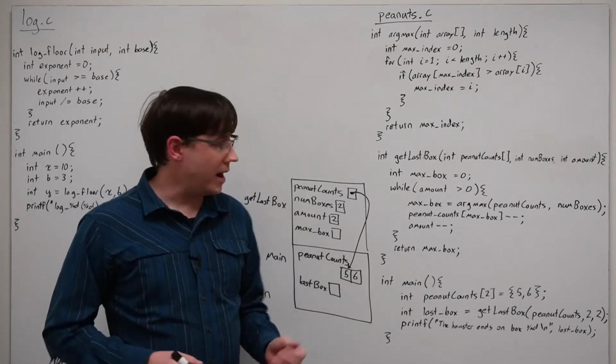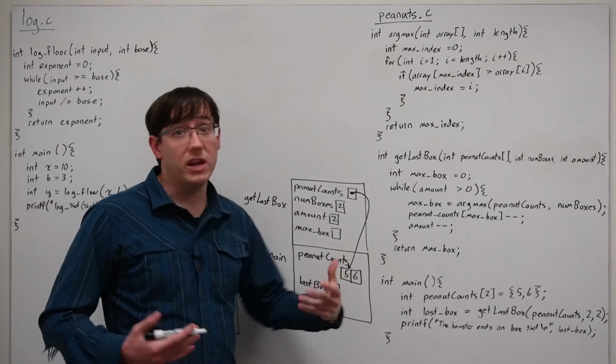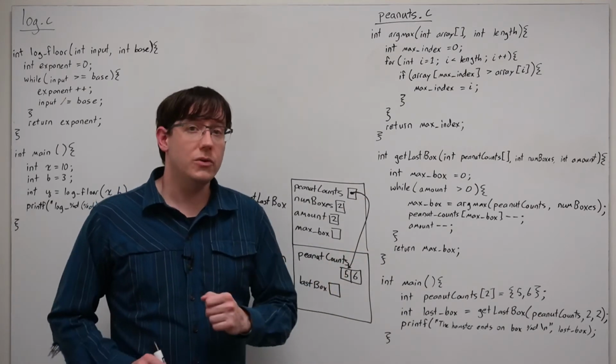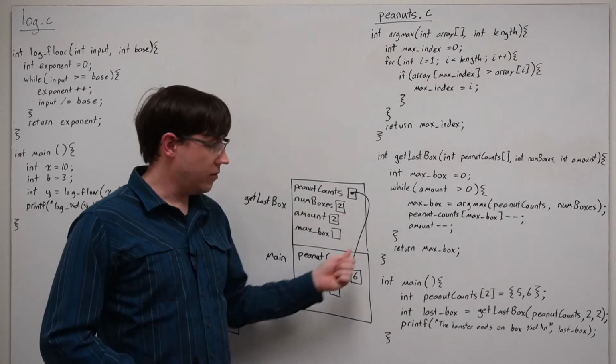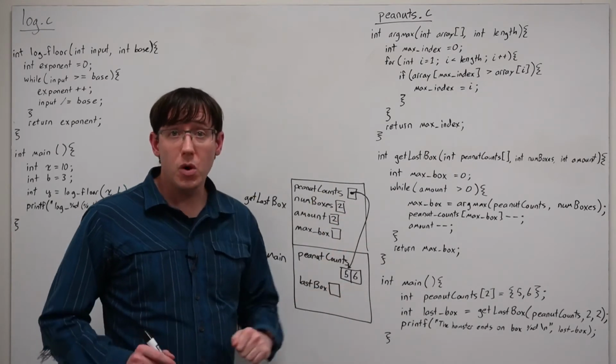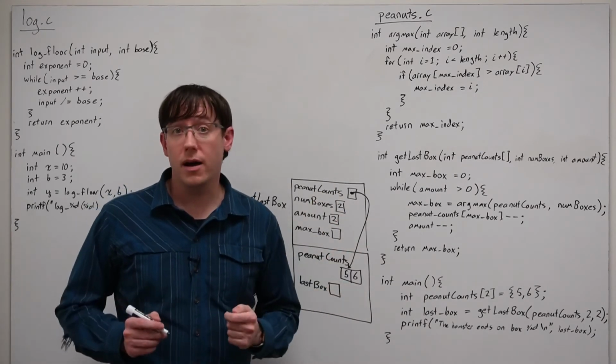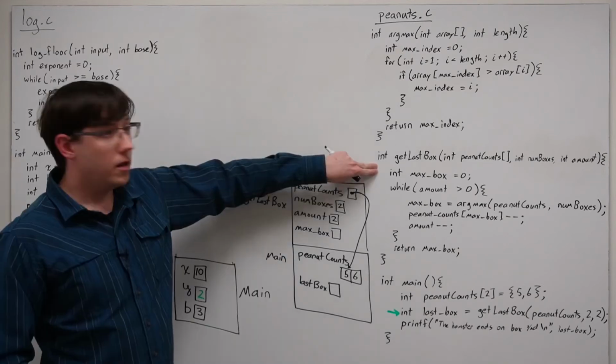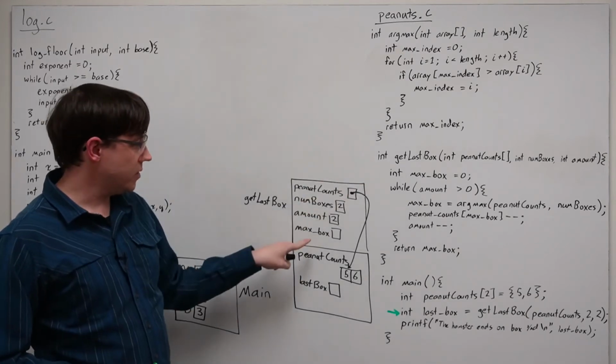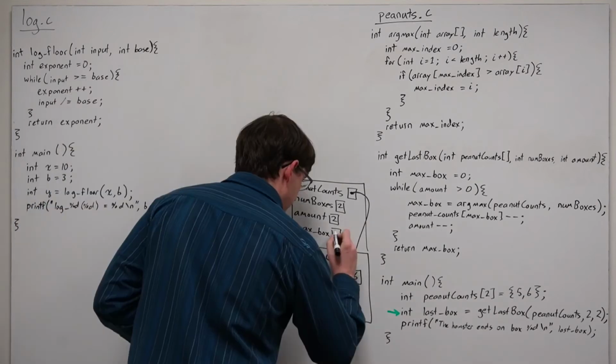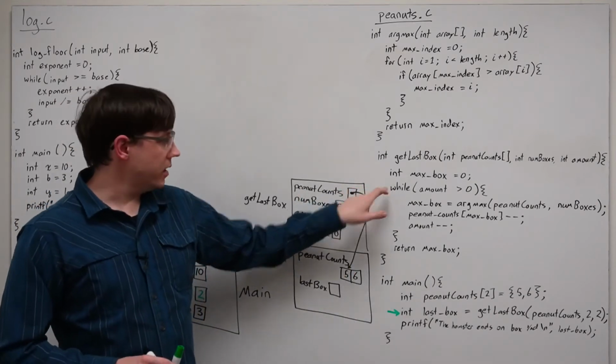We'll talk more about what this pointer means in the next video, but we'll also see a consequence of the pointer in a moment when we start operating on the values in the array. The first line of the function sets maxBox to 0, and then we check the while condition.